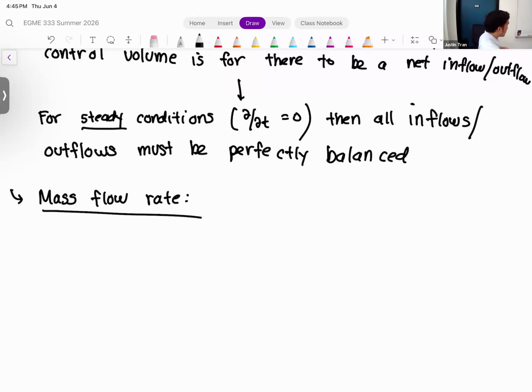All right. So the mass flow rate is a quantity that tells you how much fluid mass is entering or is flowing past a certain region per time.